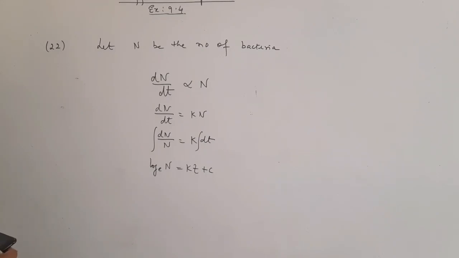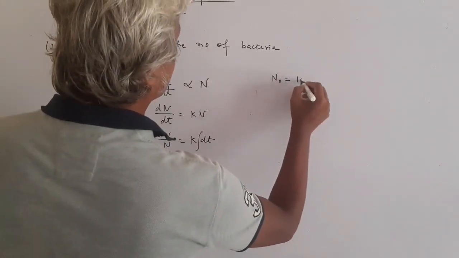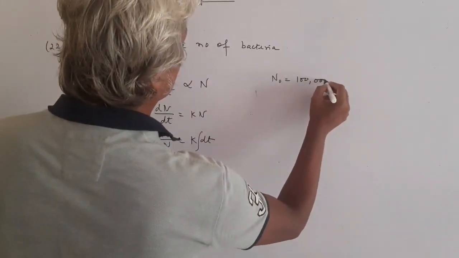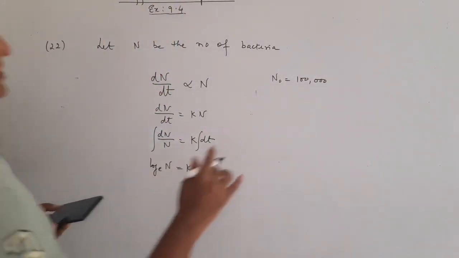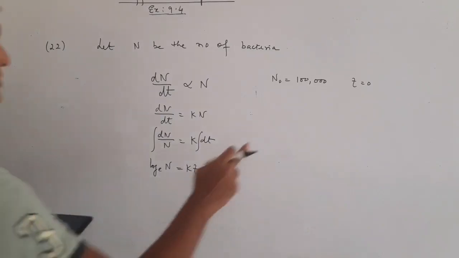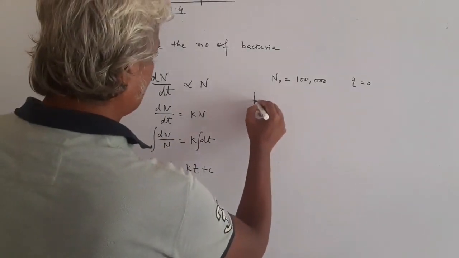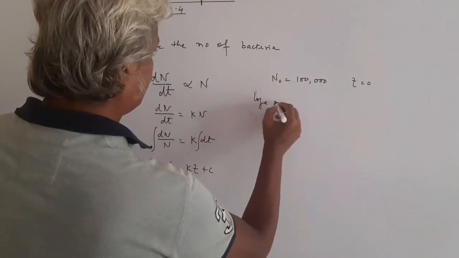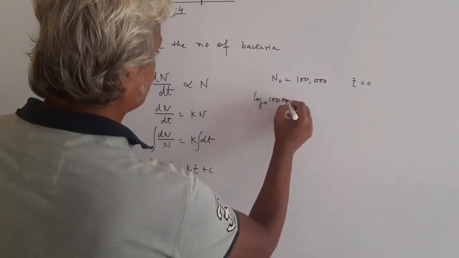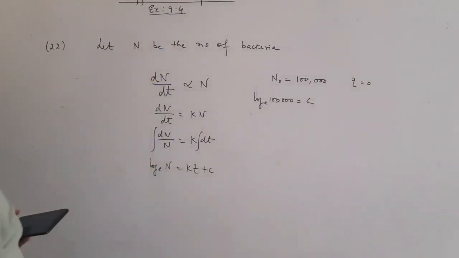Now it says that in a culture of bacteria, its original number, that is N naught, is 100,000 initially, means when t was 0. So use this relation, put this value here: log base e 100,000 is the c, so c's value you have found.